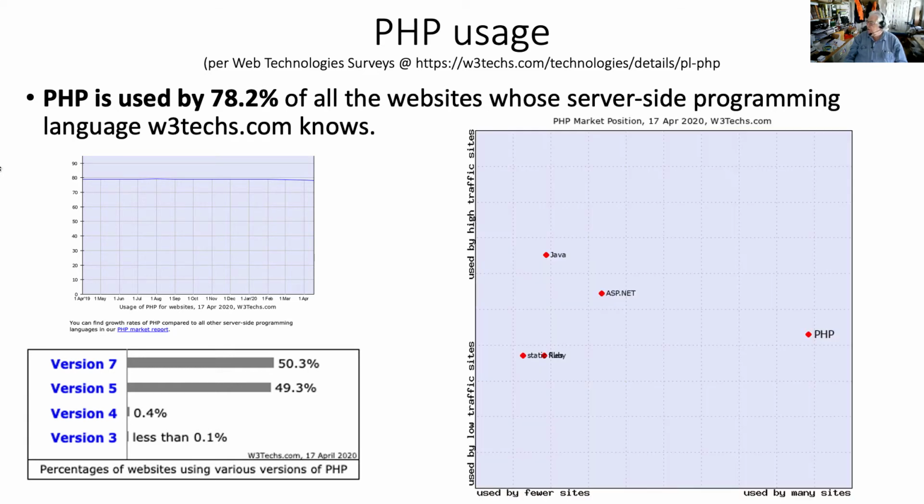Alright, if you look at a plot of, in this direction being fewer sites and many more sites, this one being by low traffic sites and this one being by high traffic sites, this is the way that it falls out. ASP.NET is maybe a little bit higher on traffic sites but a lot less used. Java is even less used but on very high traffic sites.